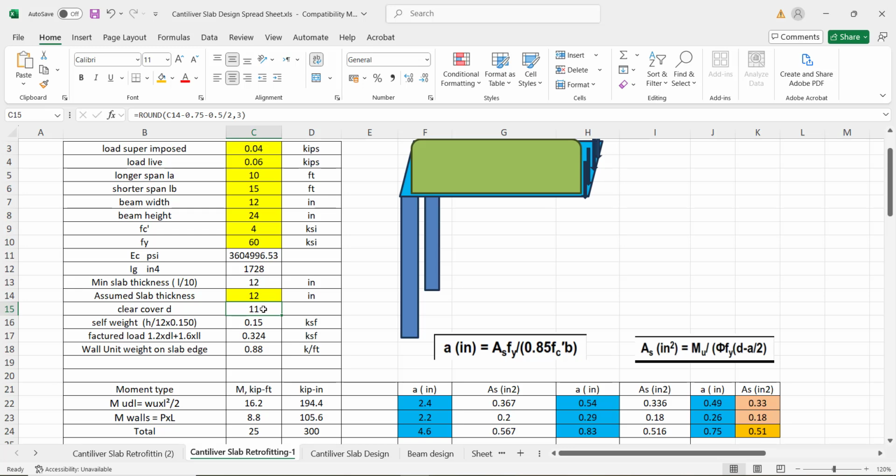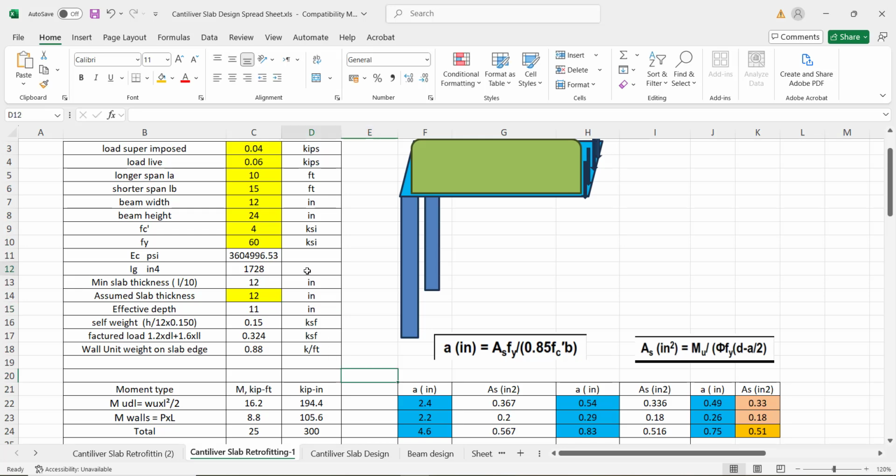Sorry, this is not the clear cover, this is the clear depth. This is the effective depth, so this is 11 inches.